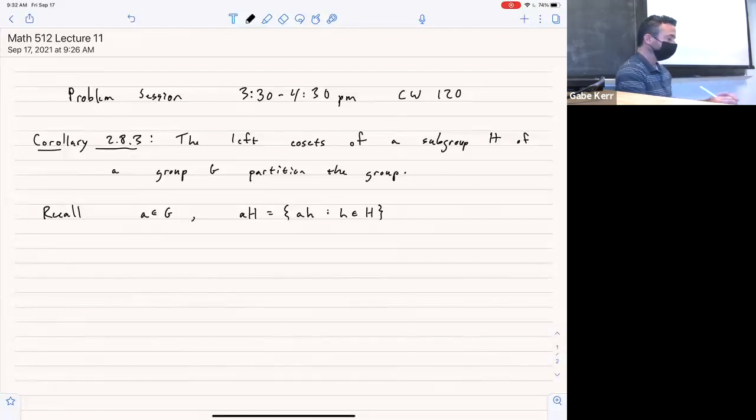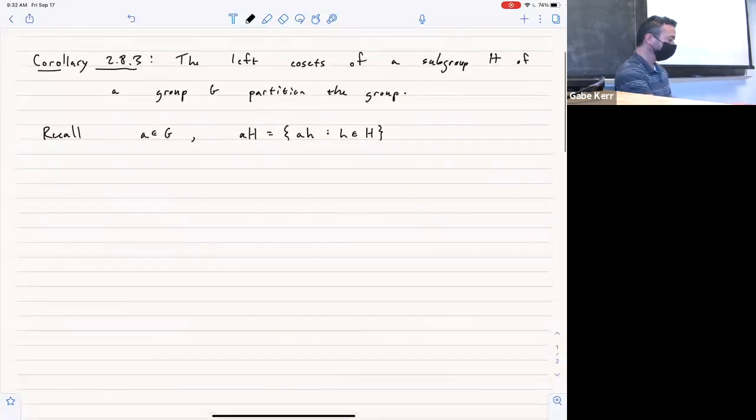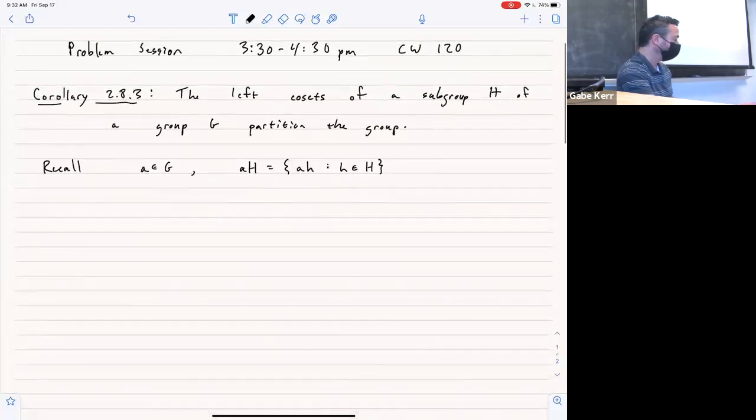We call that a left coset. I'm going to prove this in a certain way that does a few of the theorems and corollaries in the book. Their proof is very short, but then they prove a few other statements, which are different.